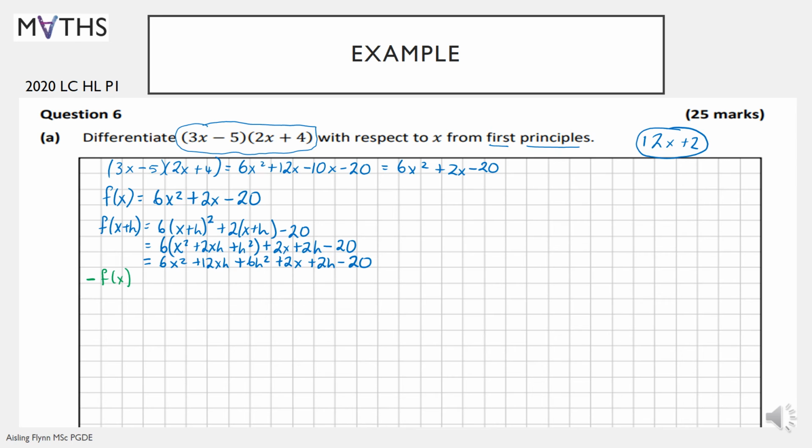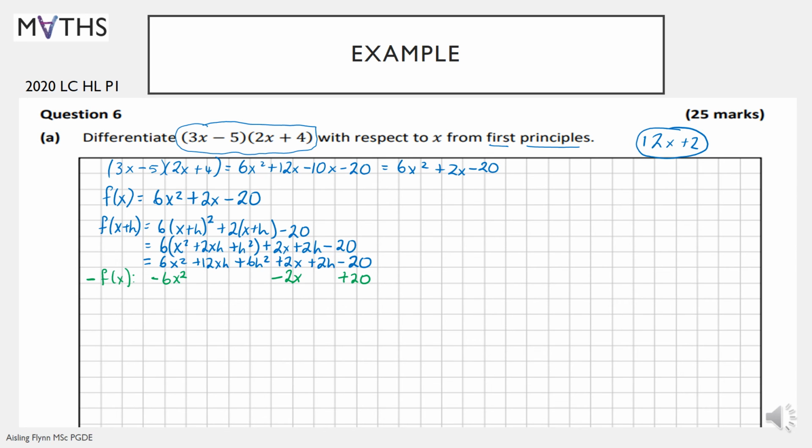So subtracting f of x, I'll be doing minus 6x squared, and I'm just going to write them under the similar terms. I have a 2x, so I'm going to subtract 2x, and I have a minus 20, so I'm going to do minus 20, which is plus 20. Is that okay? Have a look there and review that, make sure you're happy.